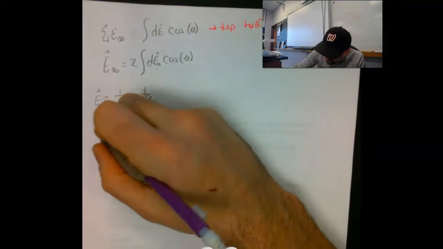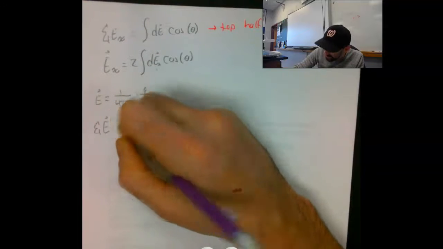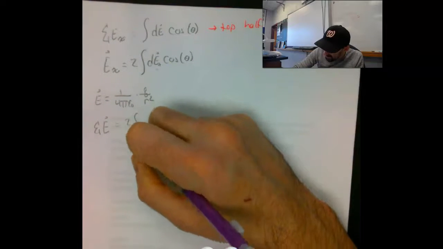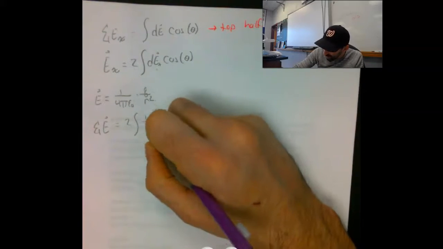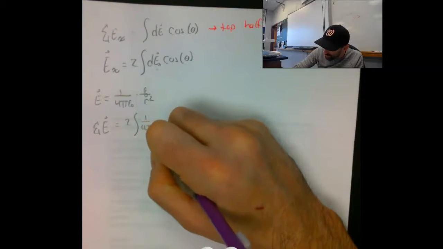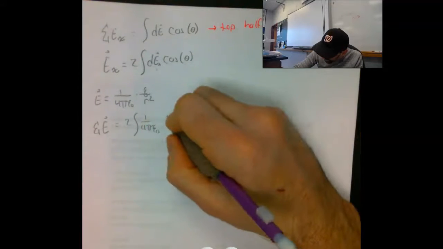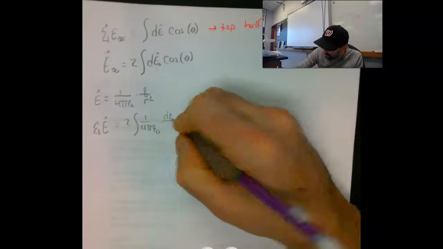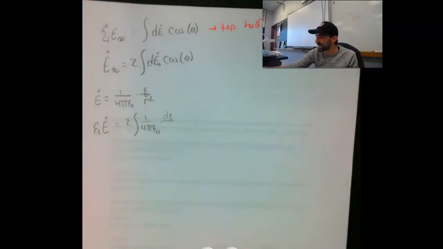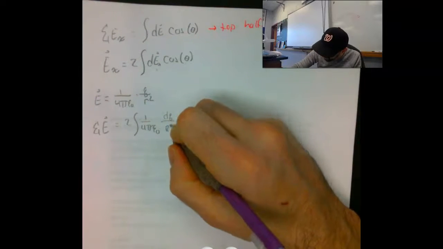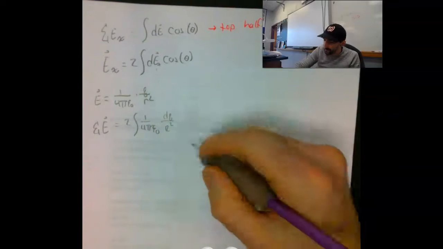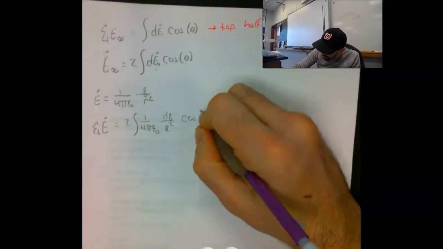My whole electric field, because we know all the y's cancel out, is 2 times the antiderivative of 1 over 4 pi epsilon 0, instead of Q, a small dQ divided by, and because I used the capital R earlier, capital R squared, times cosine of theta.